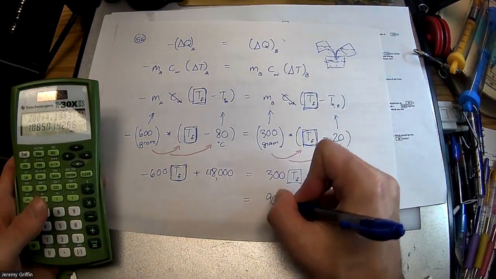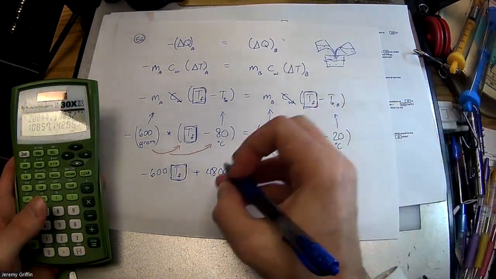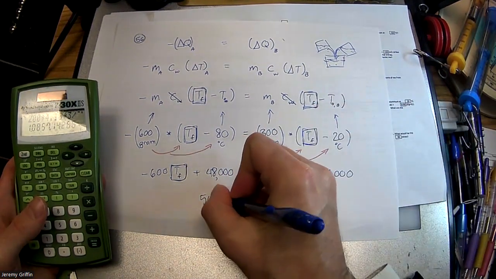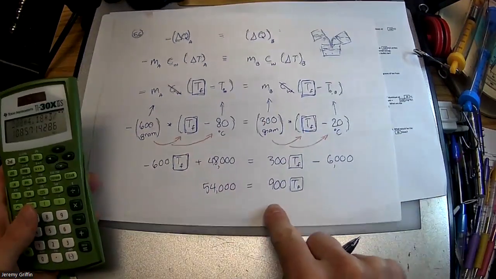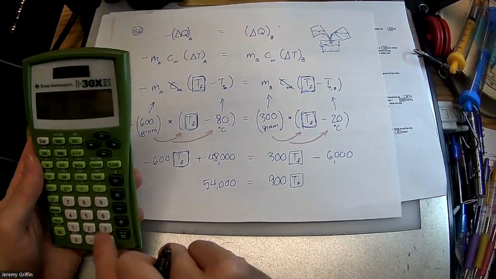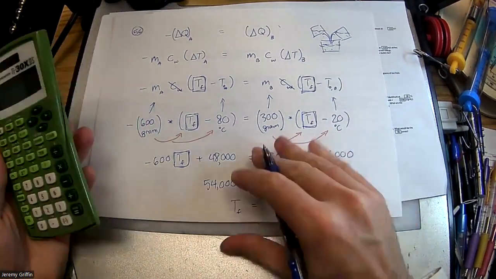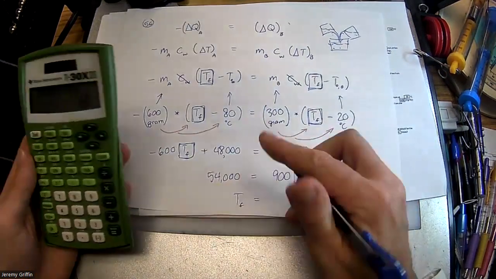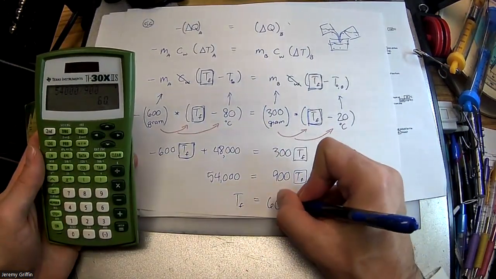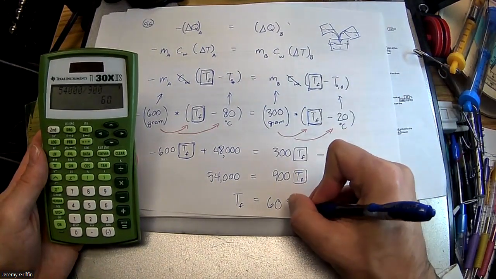All right, bringing that over here. Then add that over here. And finally divide both sides by this coefficient. And then, if I kept units along the way, I just go ahead and restore the units right here.